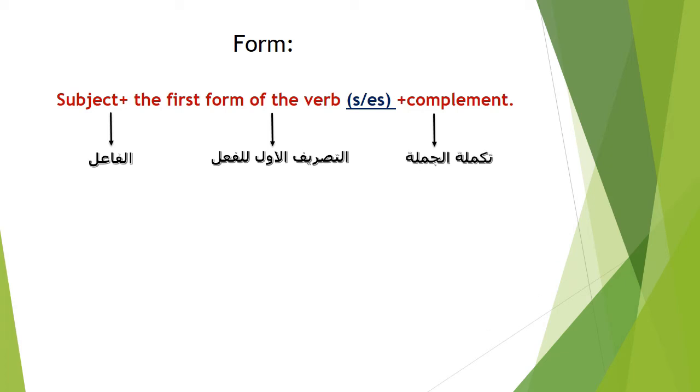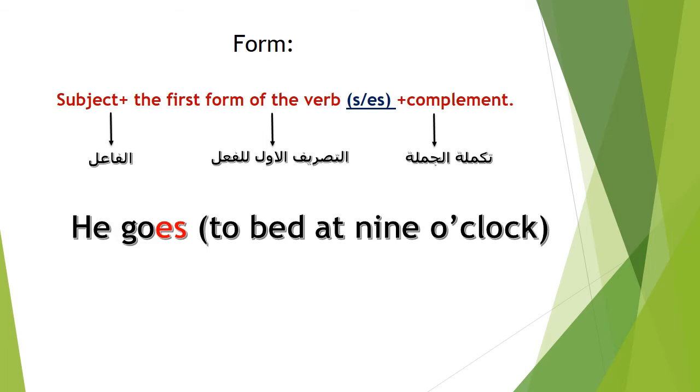For example, he goes to bed at 9 o'clock. The sentence here begins with he, which is here the subject. He is the subject. And then comes the verb, which is go.